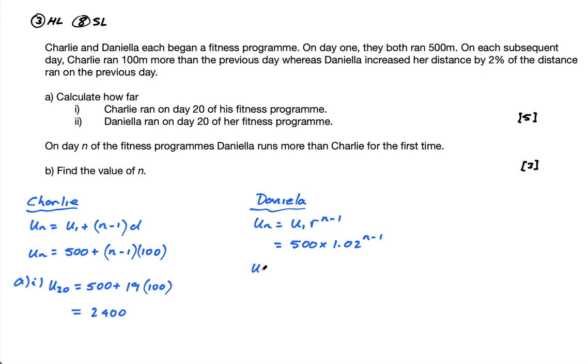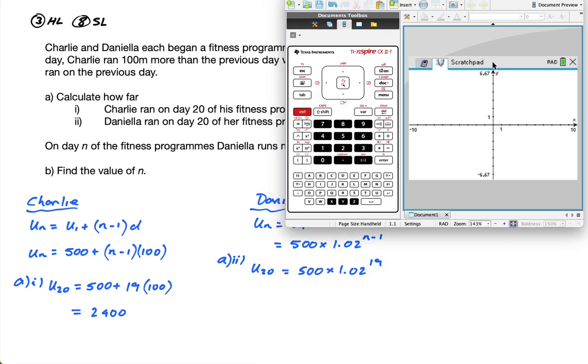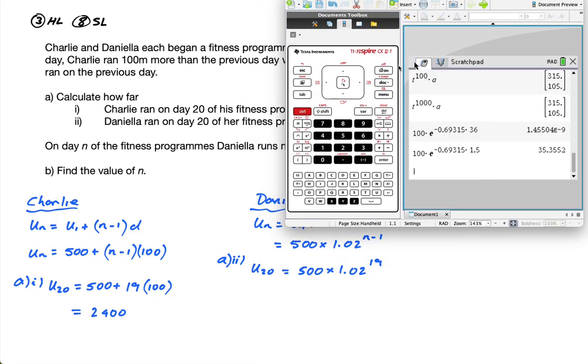Daniela's U of 20. So this is part A, part II. Her U of 20 is 500 times 1.02 to the power 20 minus 1, which is 19. This, I absolutely, definitely want my calculator for.